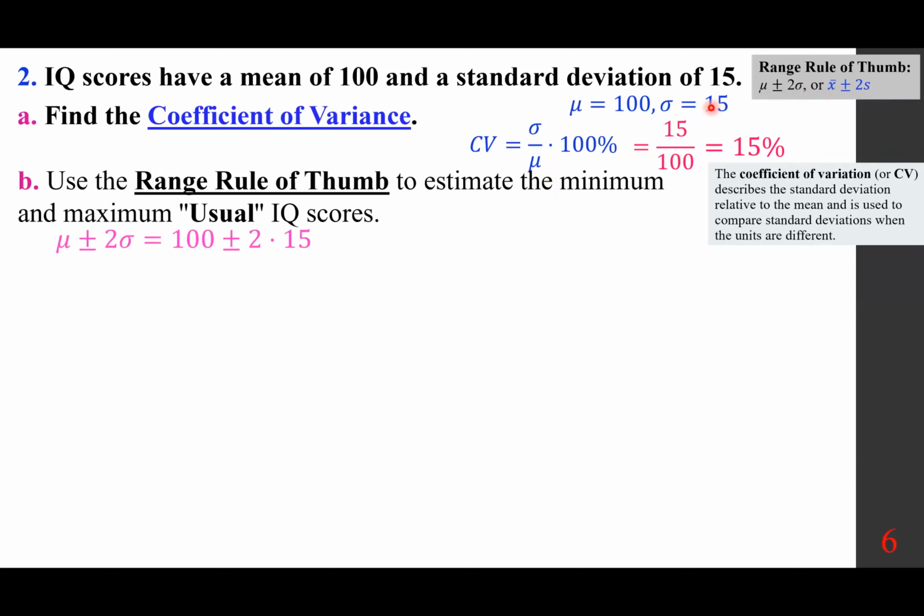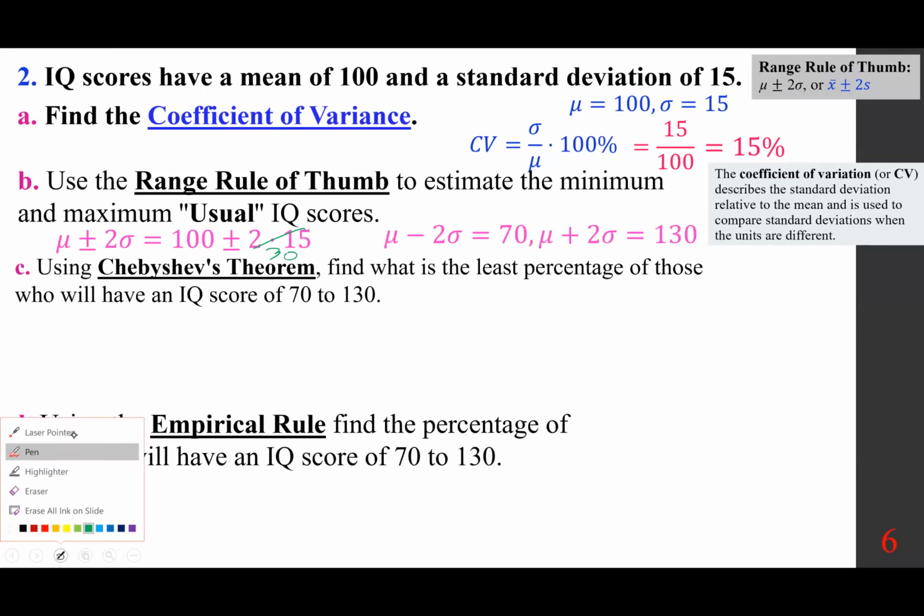See how important it is to write the given. Plus or minus 2 times the sigma, which is 15. So this is 30. 100 minus 30 is 70. 100 plus 30 is 130. So the range rule of thumb for us would be from 70 to 130.